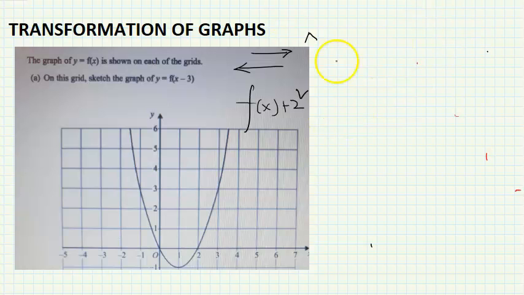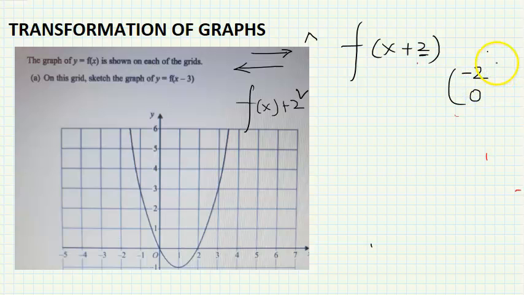For example, our question is this way, f(x plus 2). It is going to affect only x, so the x coordinate will reduce by minus, and there will be no effect in the y coordinate.